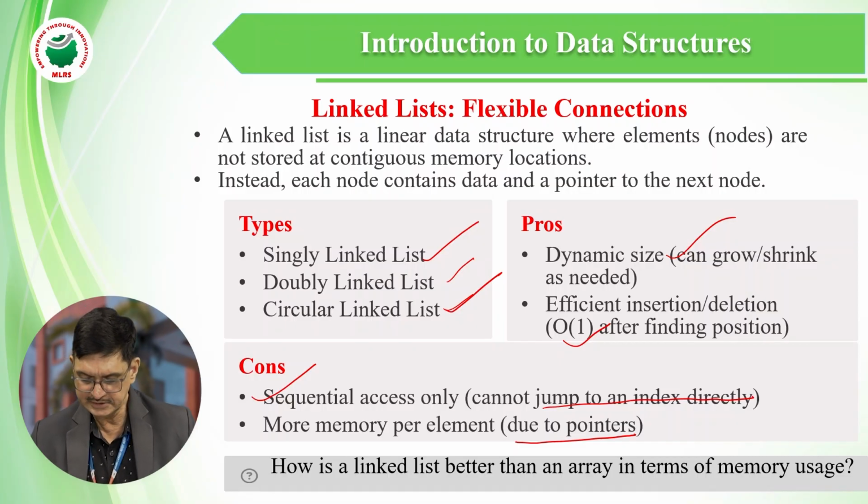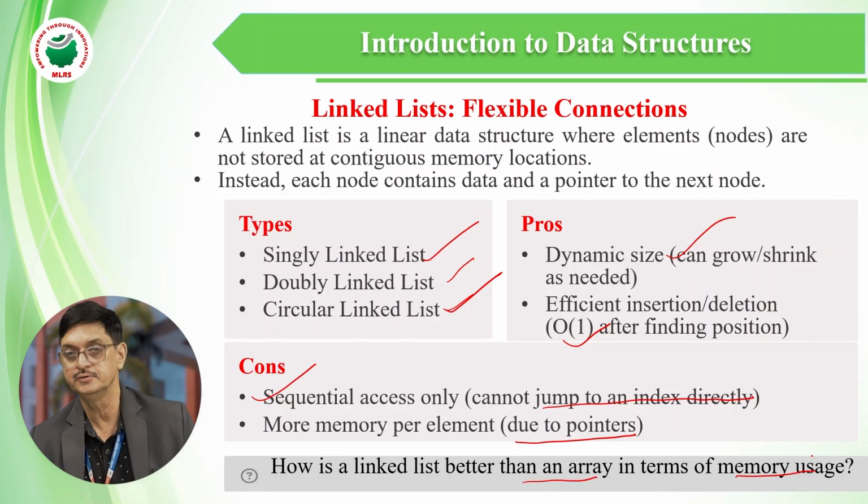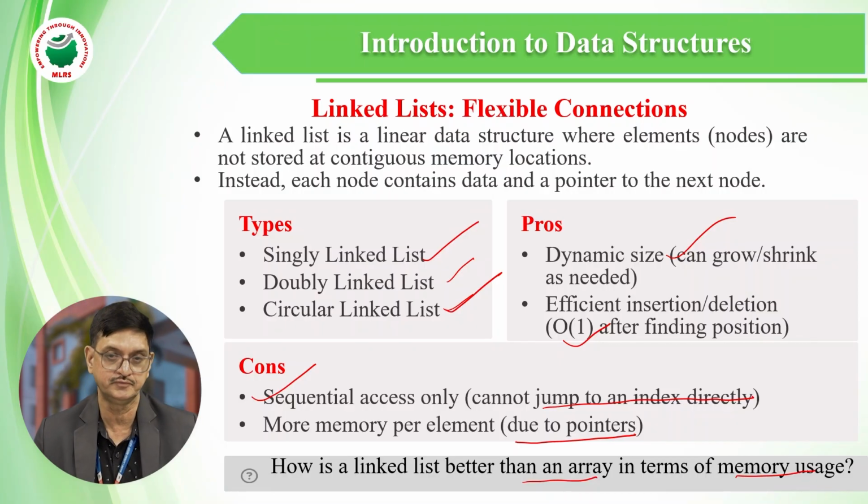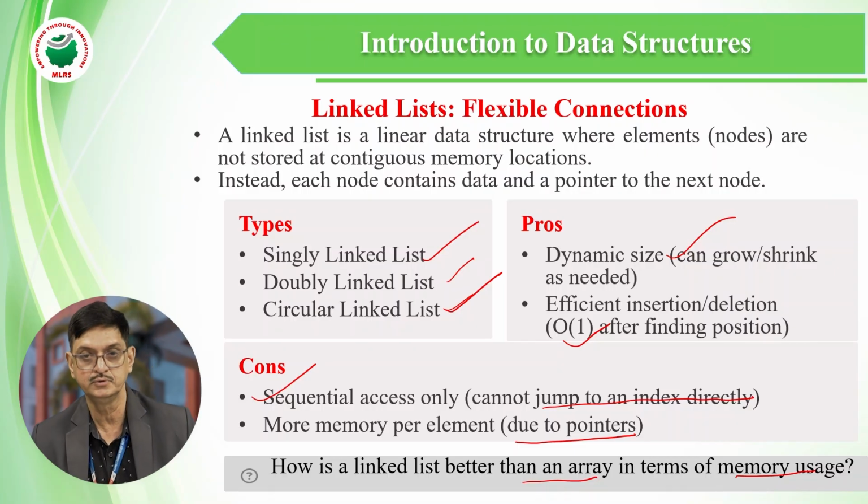That is the reason we can identify linked list as better than array in terms of memory use. We are not only maintaining the data, but a negligible amount of memory is used for maintaining the pointers which point to the next memory location.